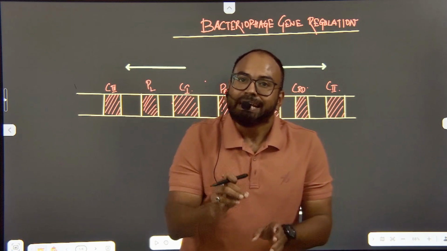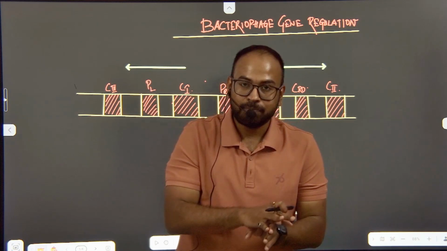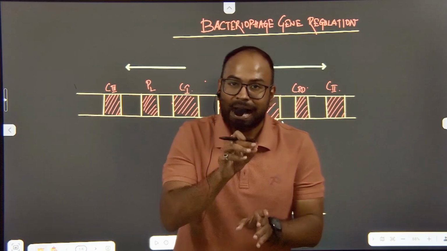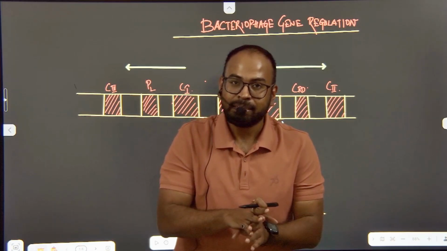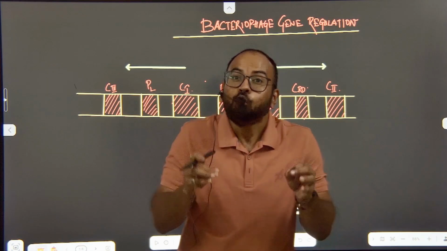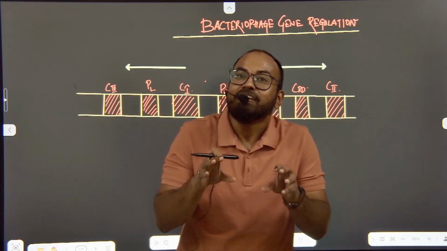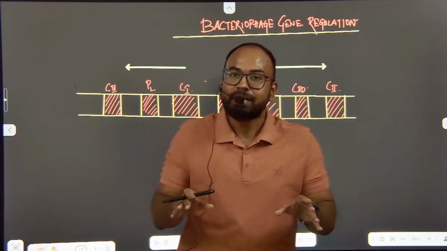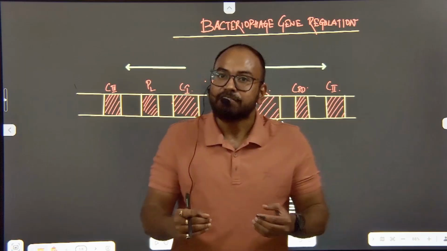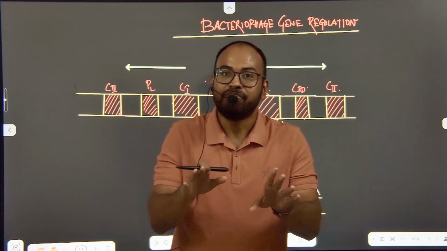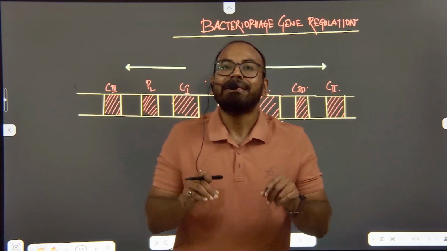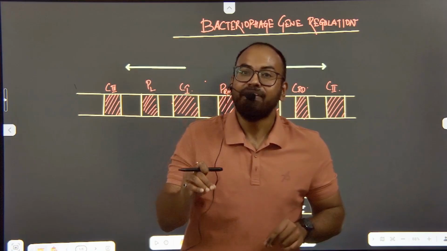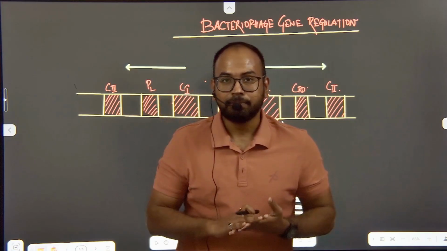So whenever the genetic element is introduced, either it will utilize the host machinery, replicate itself and eventually cleave or lyse the entire bacterial system and invade another bacterial cell.